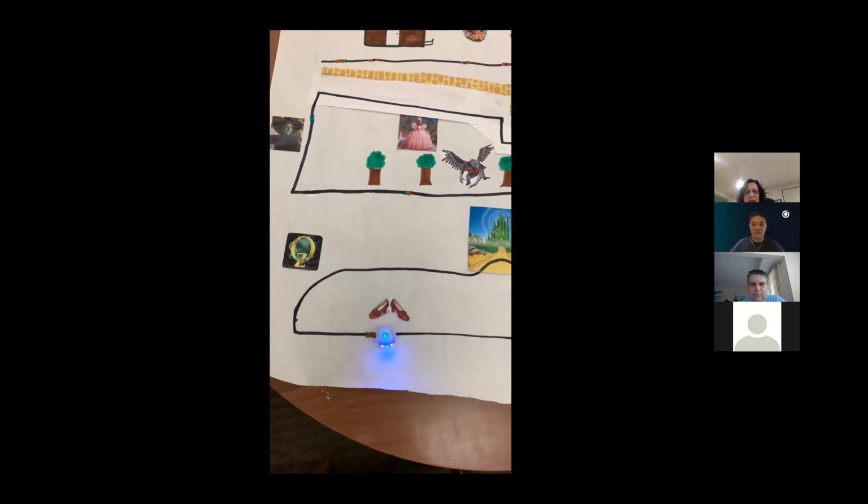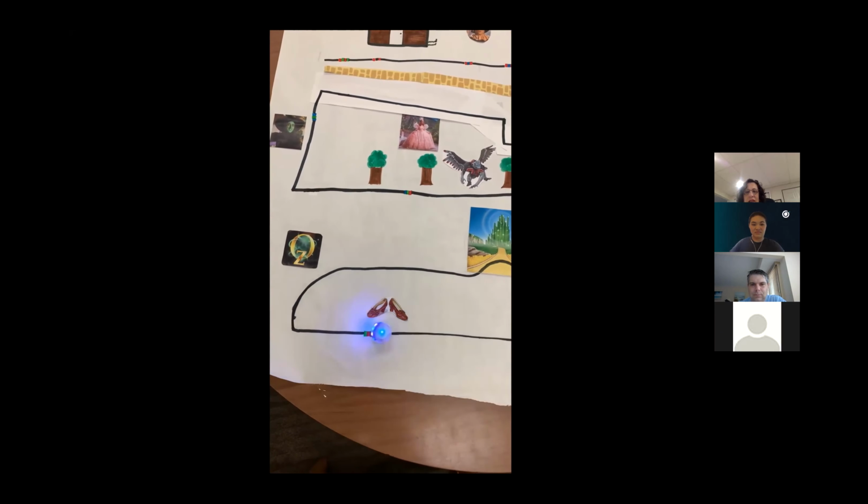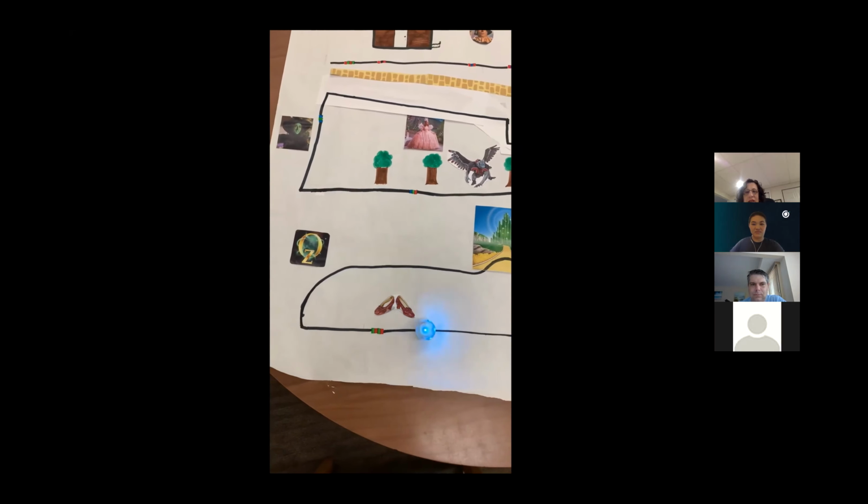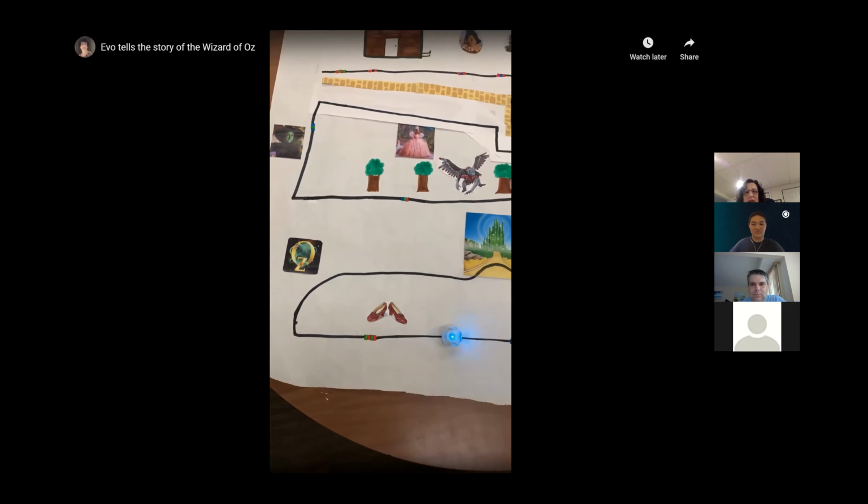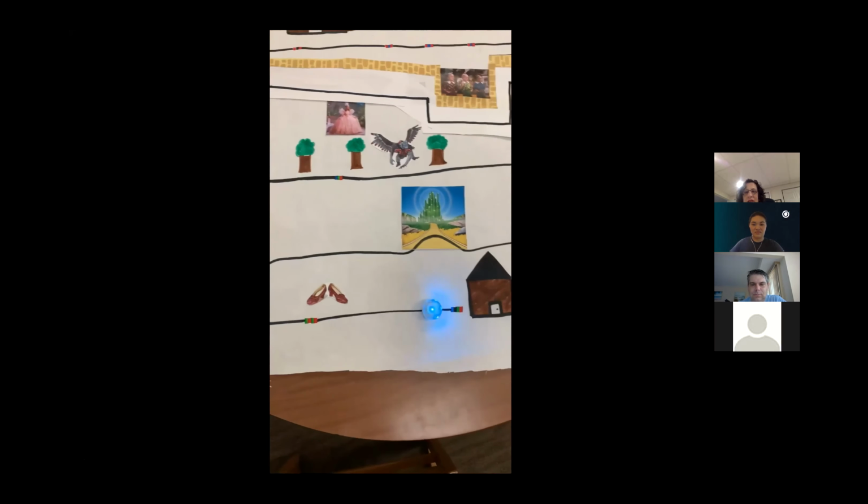We did another tornado code so that when she clicks the heels, it represents her going back to her house in Kansas.